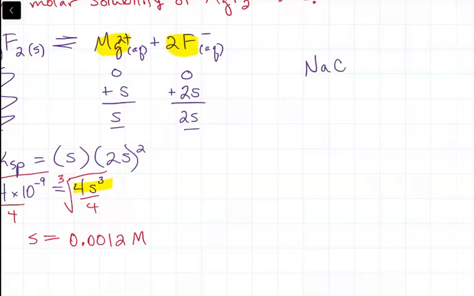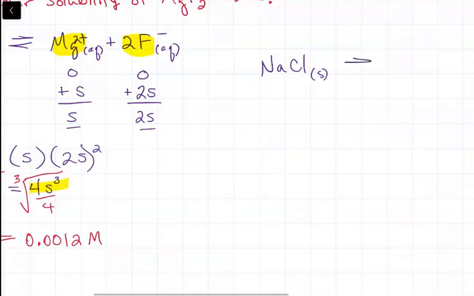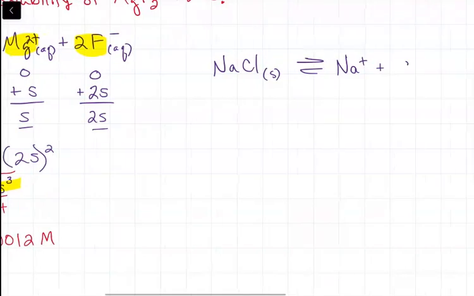And then if we're creating 2 ions, let's just say hypothetically, a simple one, NaCl solid goes to Na plus and Cl minus.